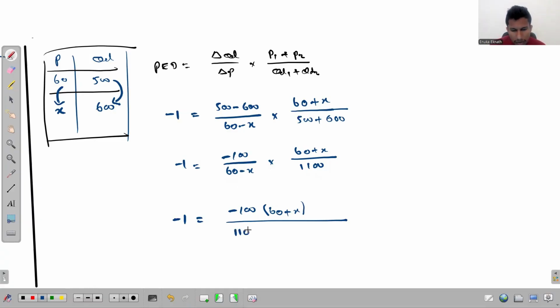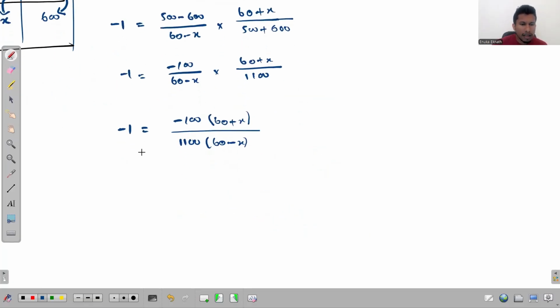So this is 1100 into 60 minus x. Right, 60 minus x. Now what happens? You write -1 equals, you multiply this with this, and again you multiply this with this. In the same way, you multiply this value with this value and this value with this value.